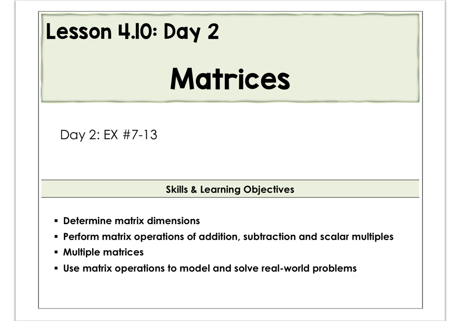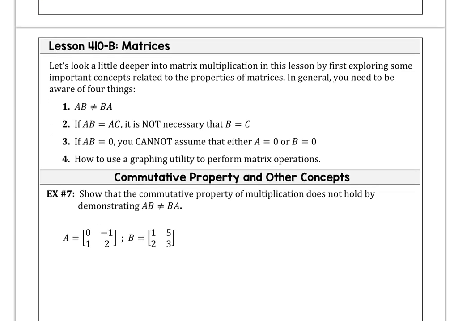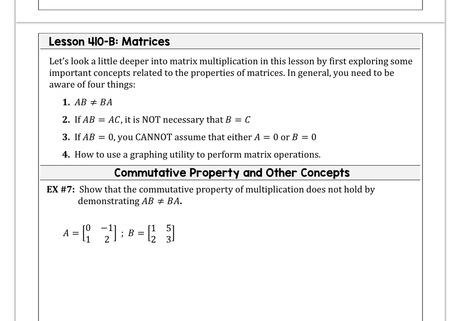We're going to finish up day 2 here with a little more in-depth matrix multiplication. First, look at these 4 important concepts. Just because AB is multiplied together doesn't mean that BA is the same value. And if AB equals AC, it's not necessary that B and C are equal.